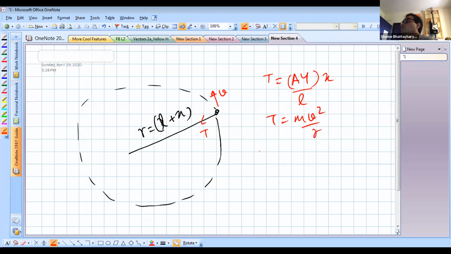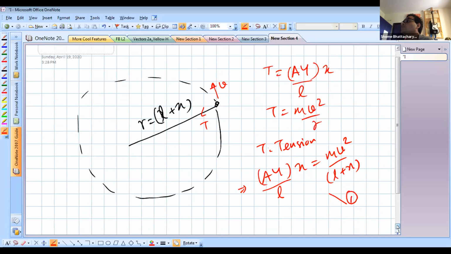Okay, T over here is tension, so don't confuse it with time period. So on the one hand, we have the relation that AY upon L into X is equal to mv square upon r, which is L plus X. Now, this is my equation 1.